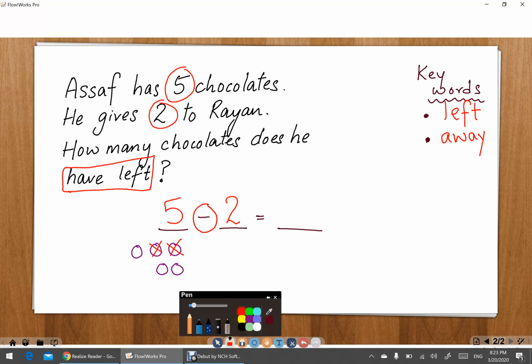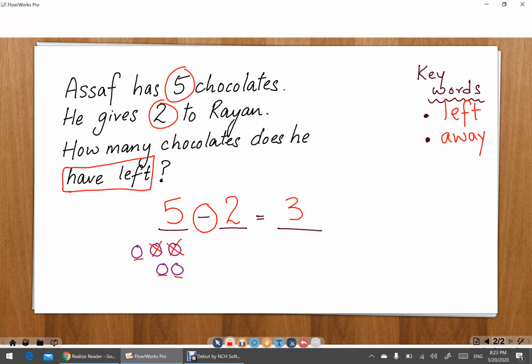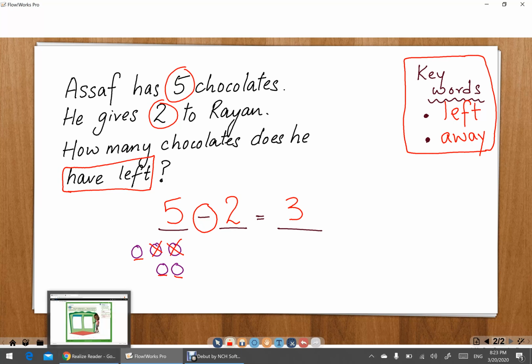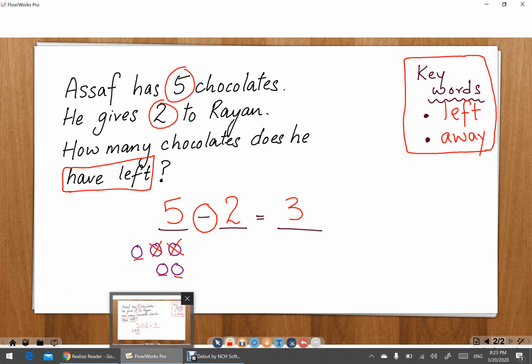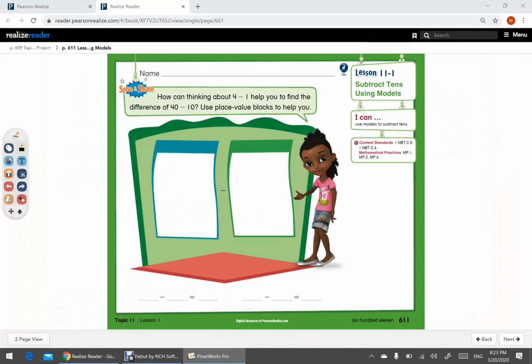Excellent. We are left with 1, 2, 3. So he has only 3 chocolates now. You understand? Look for the keywords when you solve the problem-solving questions. Okay? Now let's begin with our lesson. Let's start with the video first.